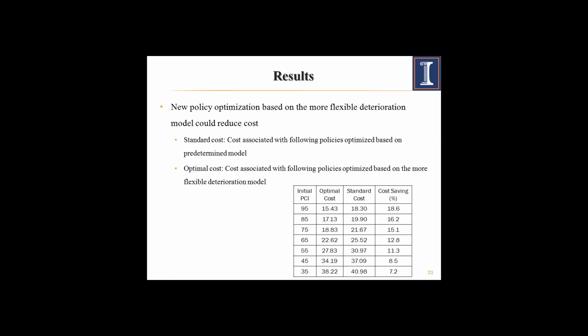If the planning horizon is 25 years, you can minimize the cost by having a really bad state at the end, because you don't care about the cost after the planning horizon. So we added this constraint that at the end of the planning horizon, the PCI should be at least 40 or 50, I don't remember exactly.